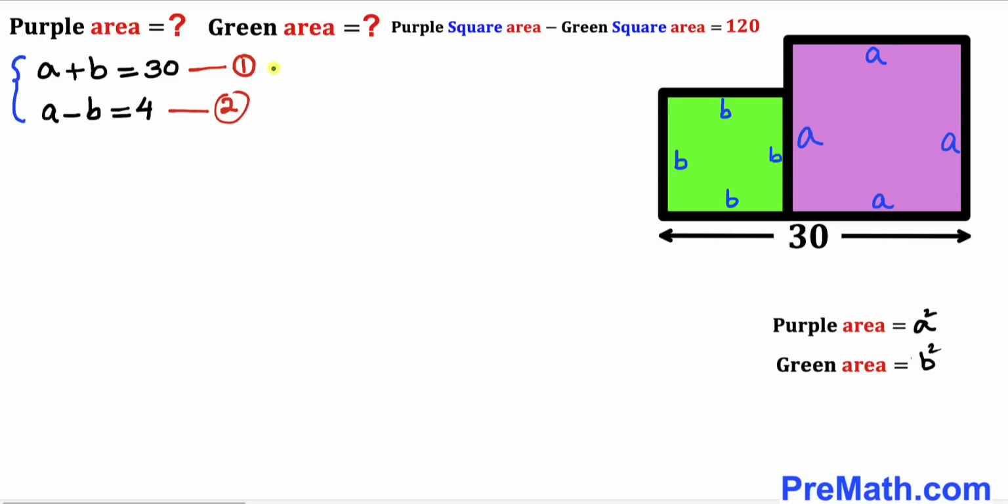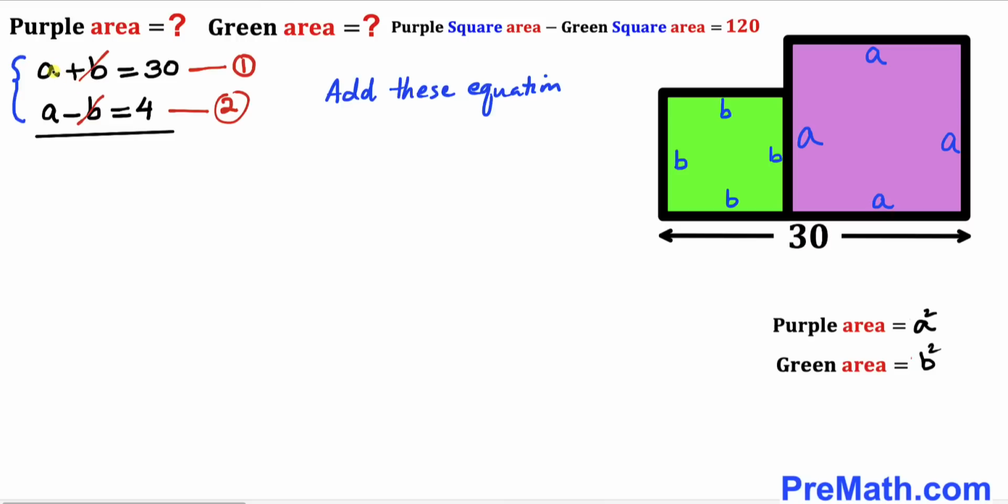Thus we end up with this system of two equations, equation 1 and equation 2, and we are going to solve for lowercase a and likewise lowercase b. Now we are going to add these two equations. If we add these two equations, we can see the positive b and negative b are gone.